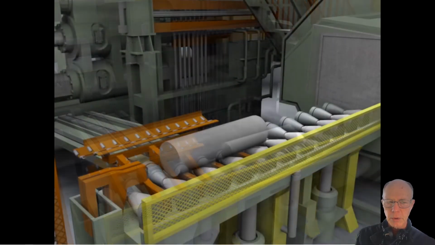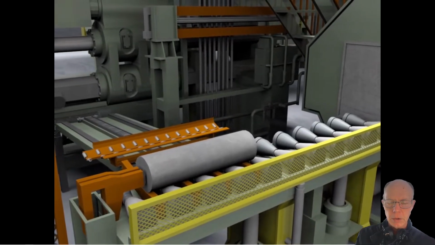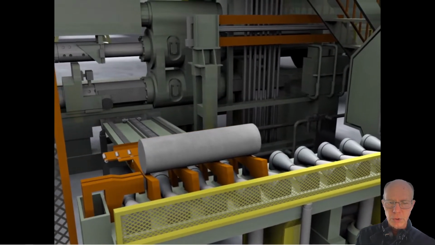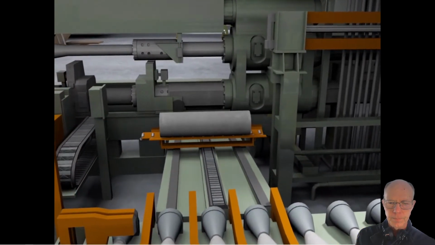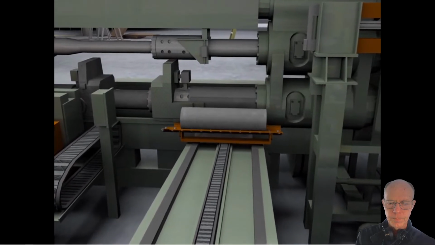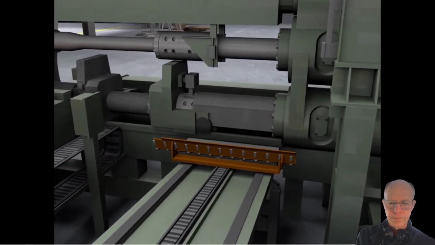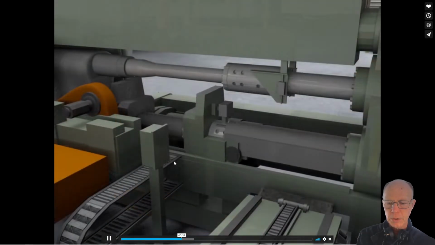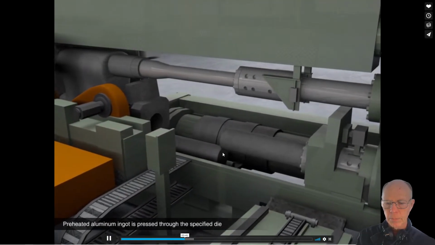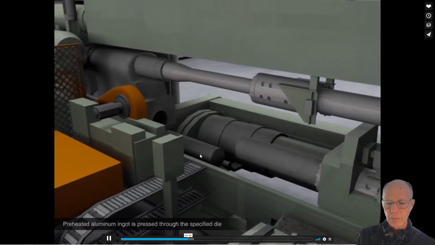Once it's been heated up to temperature, it's rolled over into the extruder. That'll be pressed up into this ram as it's coming up right now.